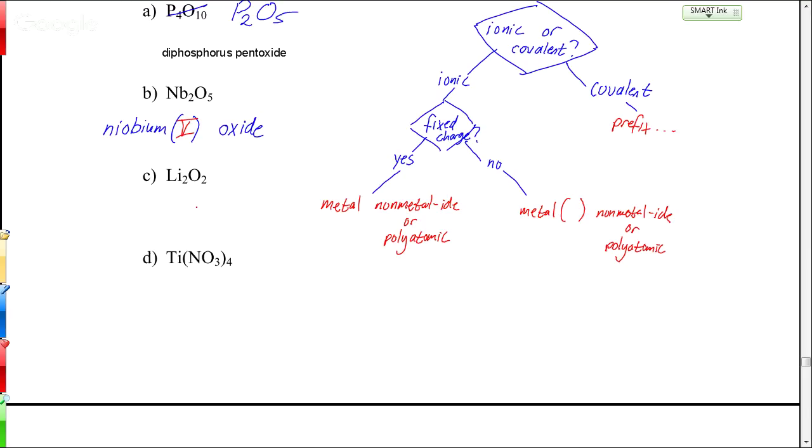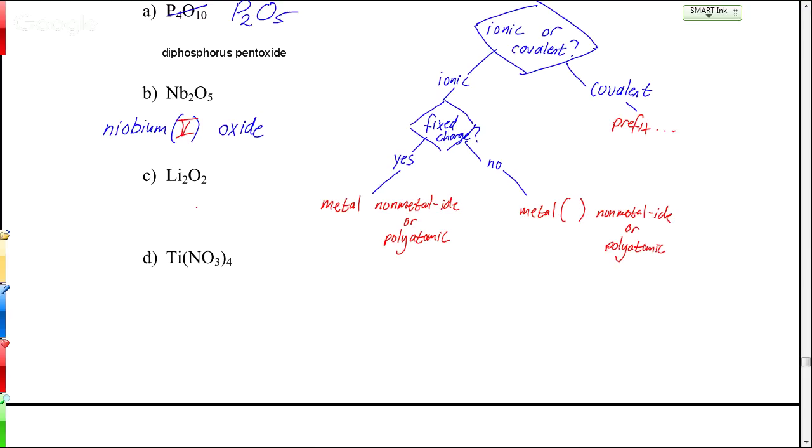Ionic, yeah, how do you know? Right, titanium, Ti is over there, and so we know we've got metal and nonmetal. Does titanium have a fixed charge? Ti, that's number 22. Is that a fixed charge metal? It's not. It's in the mess with the rest of the transition metals.